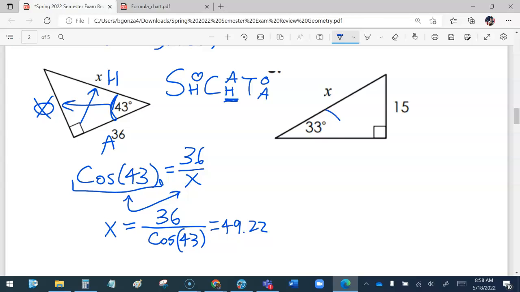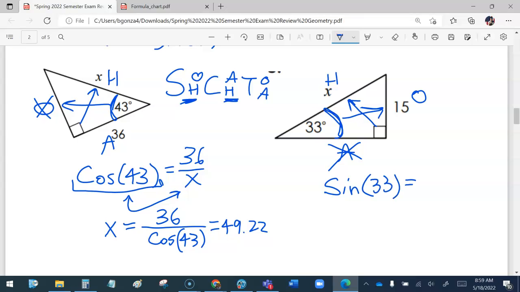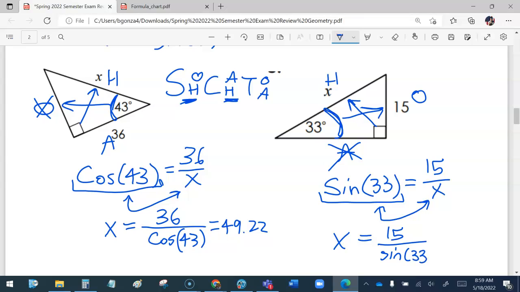Once again, at our angle, we label O, H, and A. Which one's not labeled? A. So just like the first two, OH is S for sine. Sine of 33 equals O over H. And when X is on the bottom, we take this whole thing and we switch it with X. So X equals 15 over sine 33.